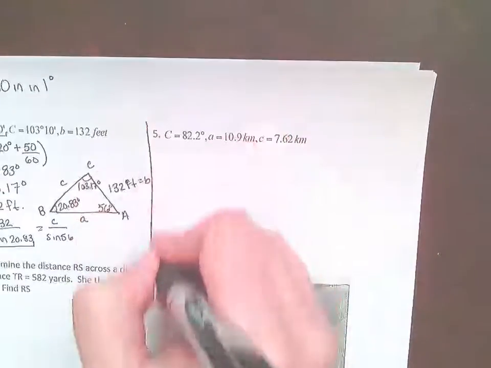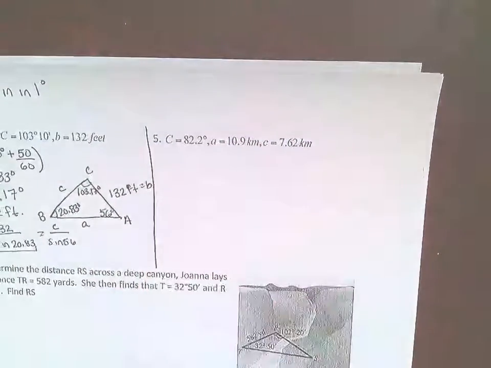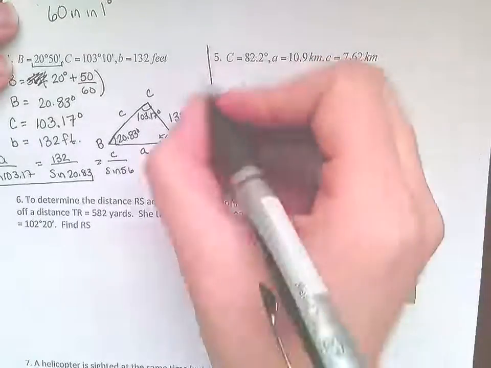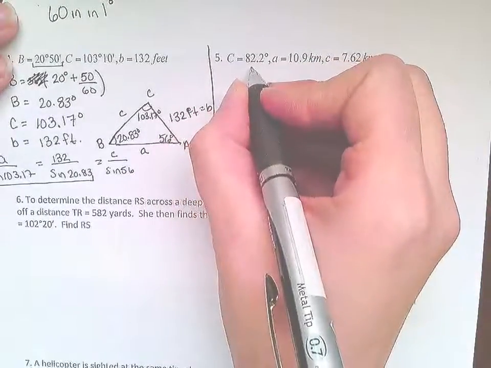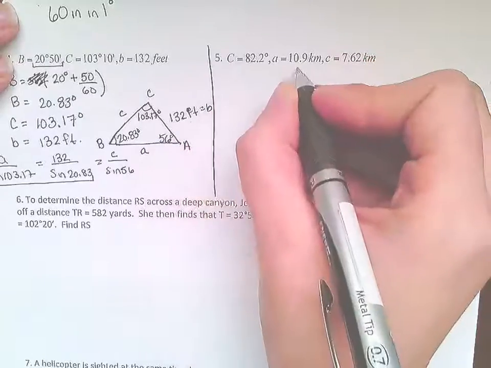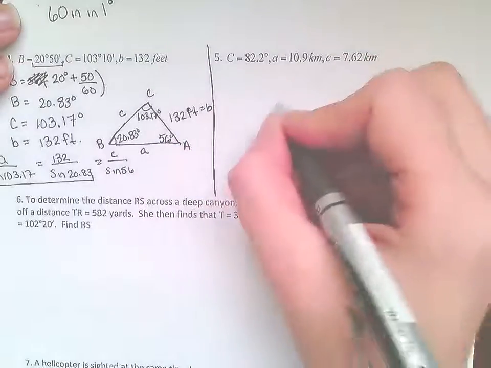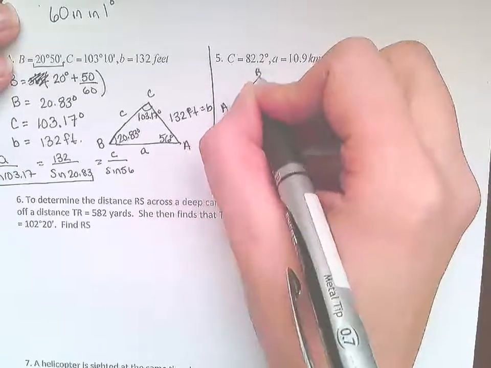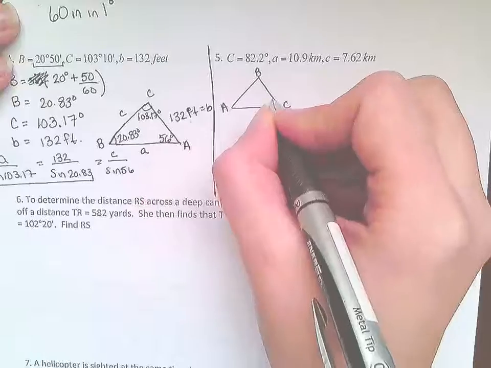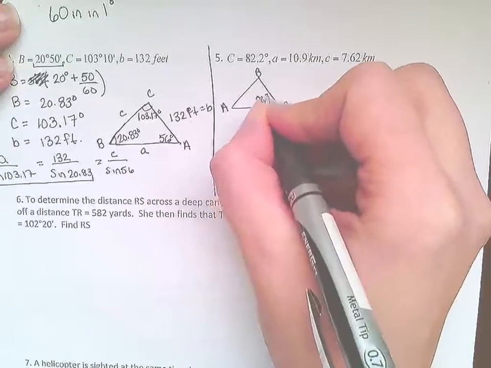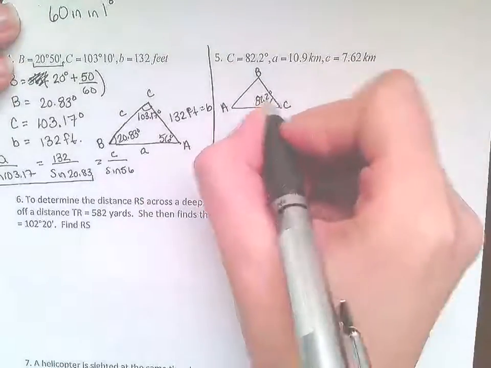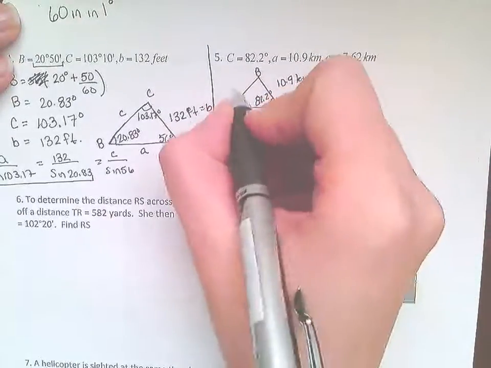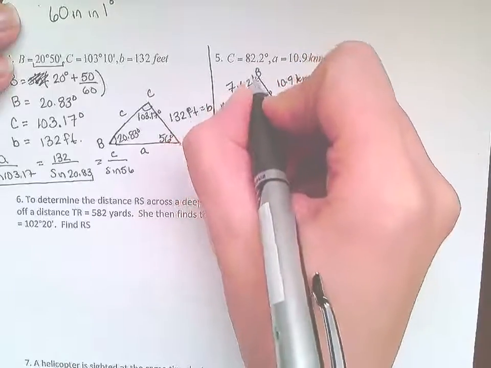Alright, moving on to number 5. So, C is 82.2, and they give us two sides. So I'm going to draw my triangle, A, B, C. They give me this angle, which is 82.2 degrees, and they give me A, which is 10.9 kilometers, and they give me C, which is 7.62 kilometers.